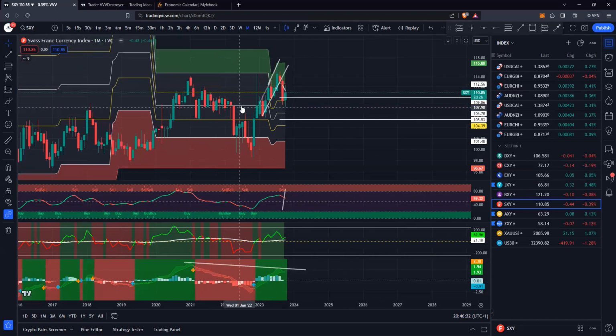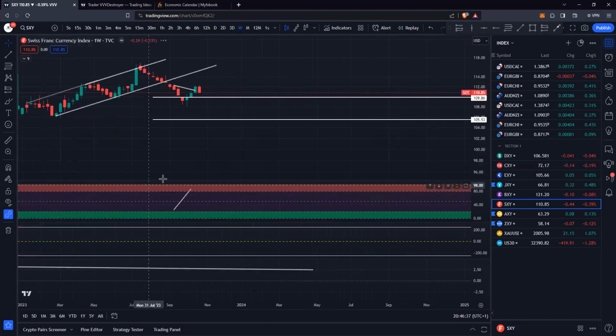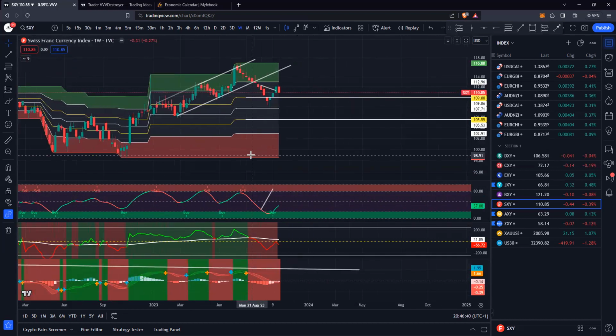The SXY, this is also something else. As you see on monthly basis, we get the sell signal, tiny volume, and we can say it's close to the slow moving average. But on weekly, mostly this CHF is stronger than the euro, but right now it seems that the euro is dominating the CHF, which is also very interesting in my opinion.